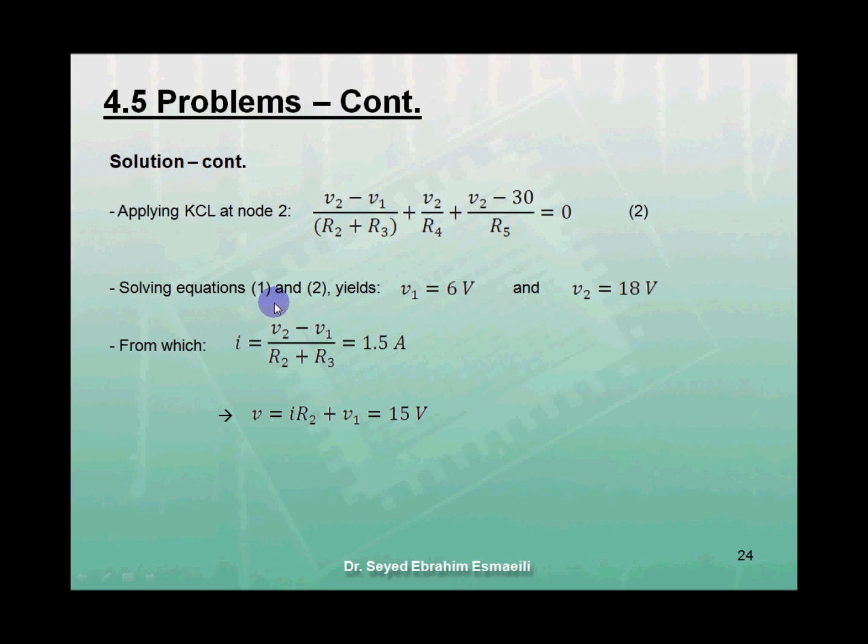Solving equations 1 and 2, we get V1 equals 6 volts and V2 equals 18 volts, from which I equals (V2 minus V1) over (R2 plus R3) equals 1.5 amps, and V equals I times R2 plus V1 equals 15 volts.